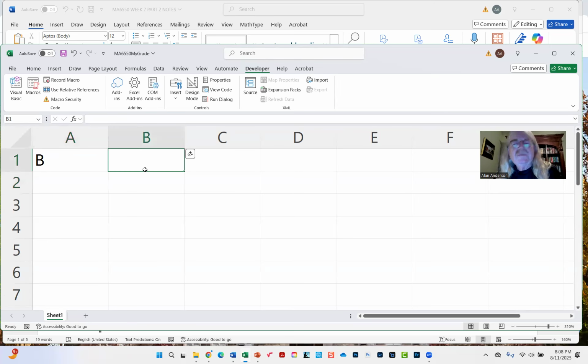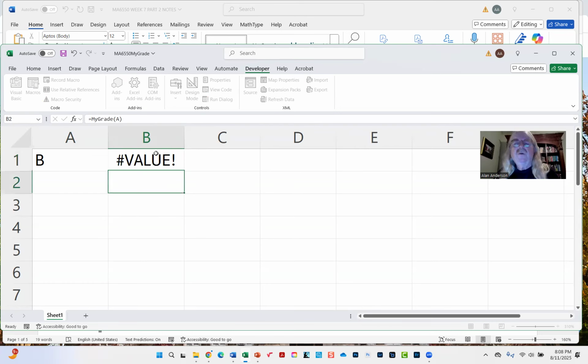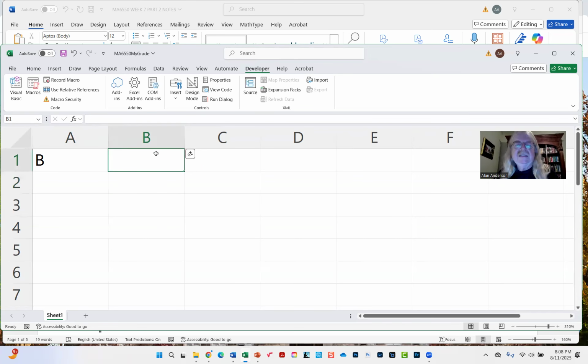Okay. Now, sometimes you can do this to help yourself make sure your program is working correctly. A lot of time is spent making the program, I wouldn't say idiot-proof, but making sure that mistakes are caught. Like, for example, because we told the program that the input must be single precision, if you type my grade, and then I try to put in an A, oops, I don't know what you mean.